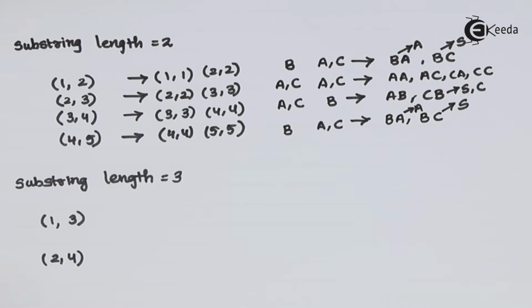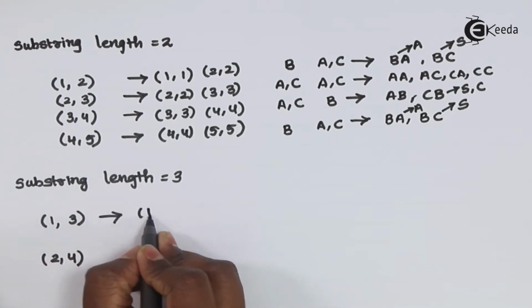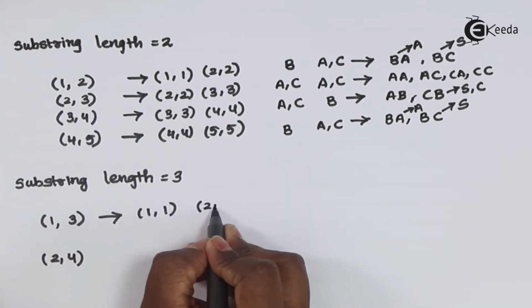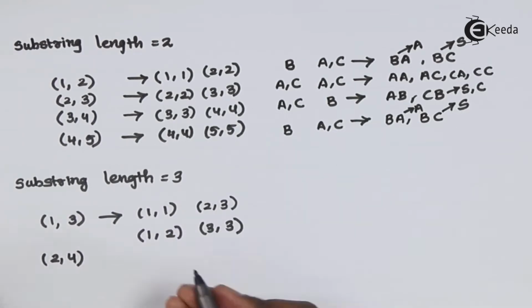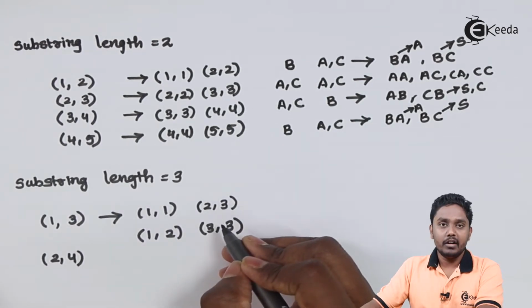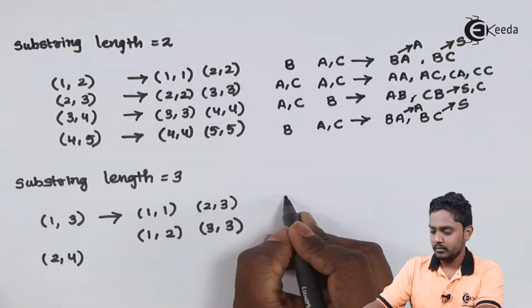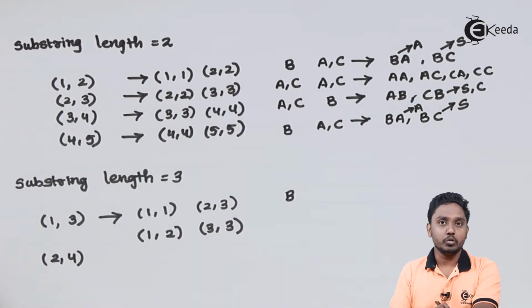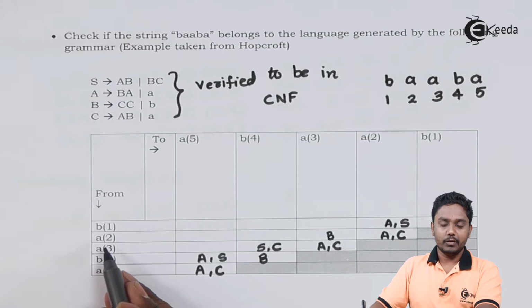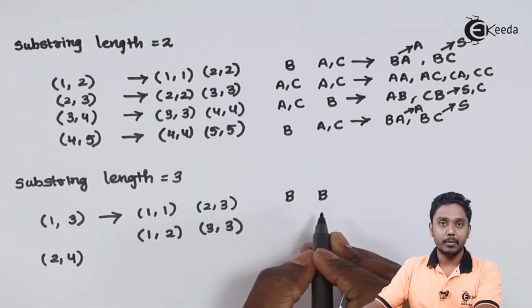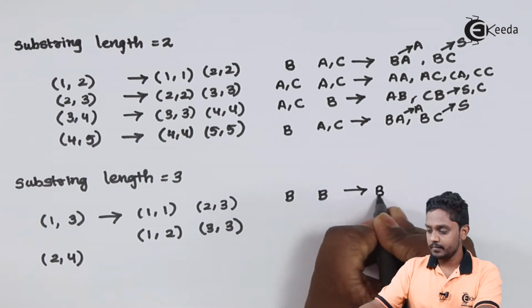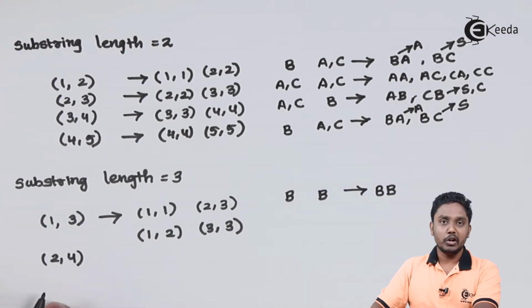Let us write the splits. We already know that 1 1 is B. From here we need to find 2 3. Second row, third column from the table, it is B, hence the concatenation must be BB. Let us find 1 2.